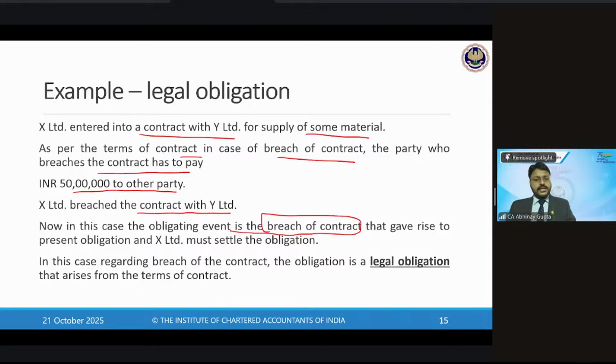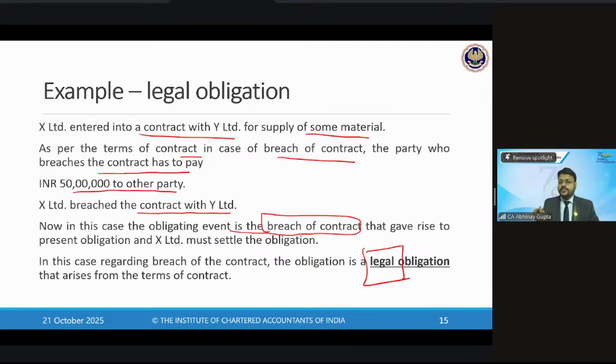So the obligating event in this case is the breach of contract, which is triggered by a clause written within the agreement, and hence it will be a constructive obligation, correct? No, it would be a legal obligation. It is a legal obligation because it is specifically a clause written in the agreement that if any party breaches, it will pay 50 lakh to the other party. So there is a legal obligation in this case.